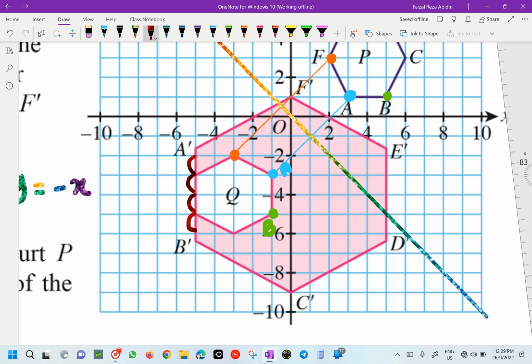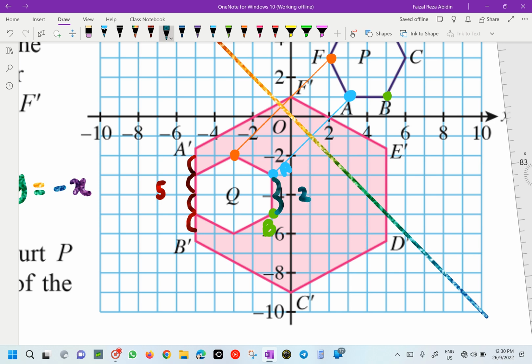The perfect ones are 1, 2, 3, 4. This one has a half, this one has a half, which means 1, so 5 for our image. How about our object? AB is 1, 2. So what are you going to get? 5 over 2. Negative 5 over 2.